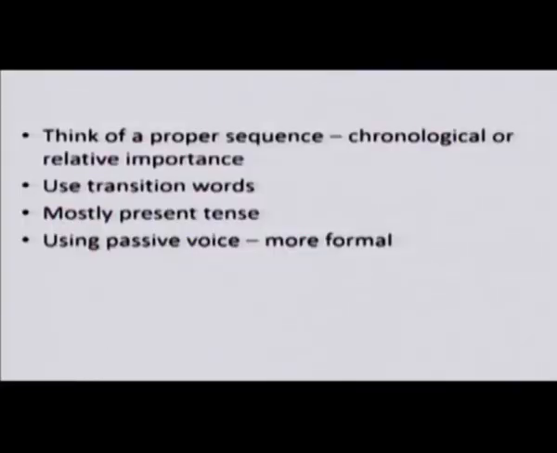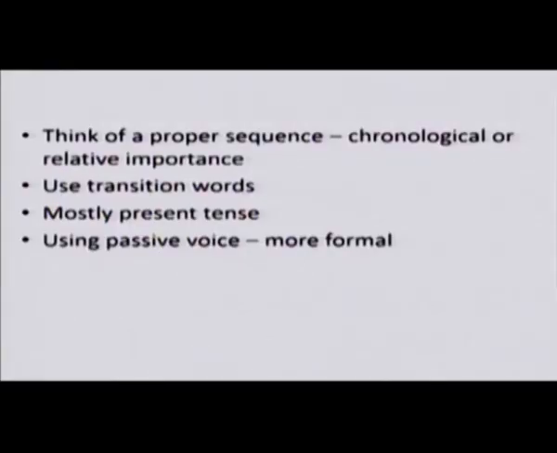So, think of a proper sequence. Are you going to follow a chronological sequence or are you going to arrange points according to relative importance? Sometimes you have no choice, as in the case of removing bubble gum, it has to be in a chronological fashion, and for a nuclear reactor, that again has to be in a chronological fashion.